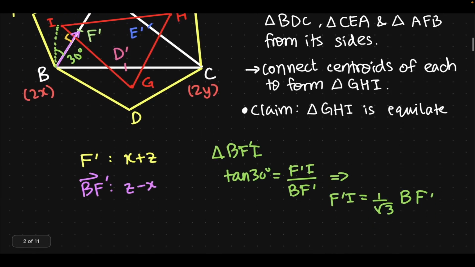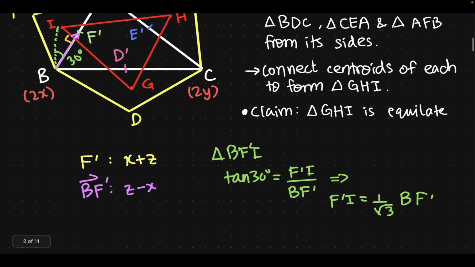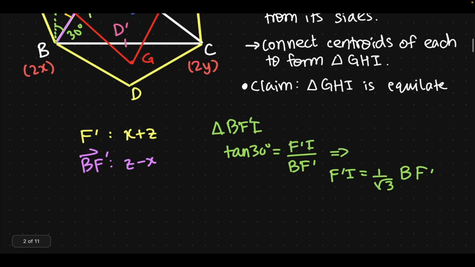So all we have to do is multiply BF by the factor of I and scale it by this root 3, because we know that the magnitude of F prime I is 1 over root 3 times the magnitude of BF prime. So vector F prime I is, first of all, we use the tan 30 because of this magnitude calculation of BF prime.